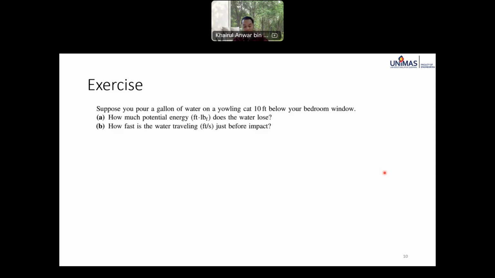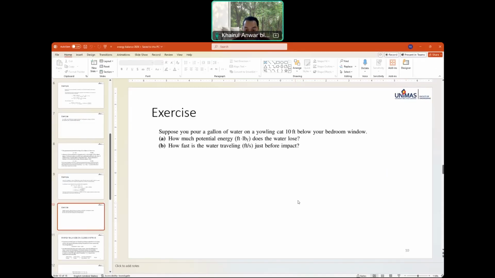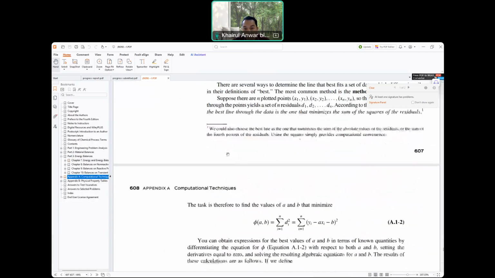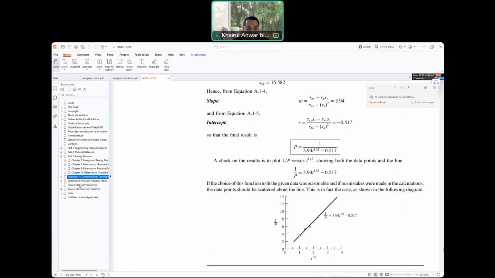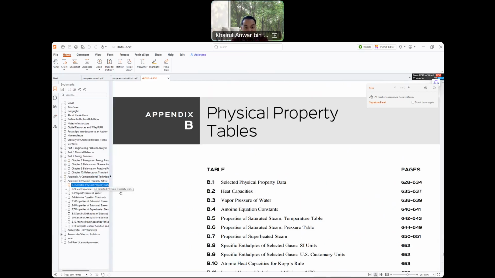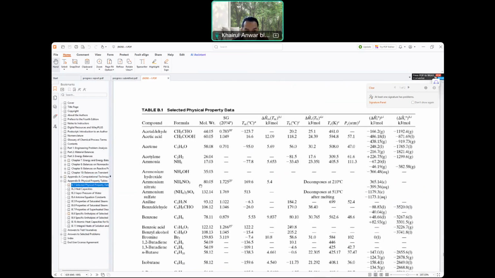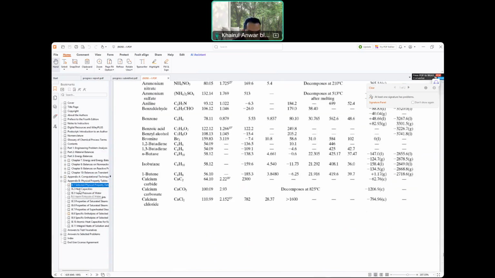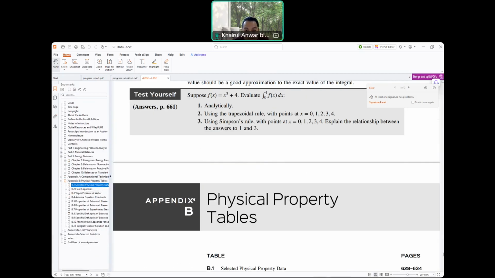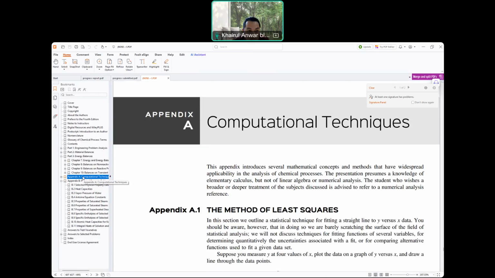Saya dah buku ni. Appendix A for the book. Appendix A. Hmm? Ya, appendix B. Ini conversion. Conversion. Oh, no. Unit conversion.